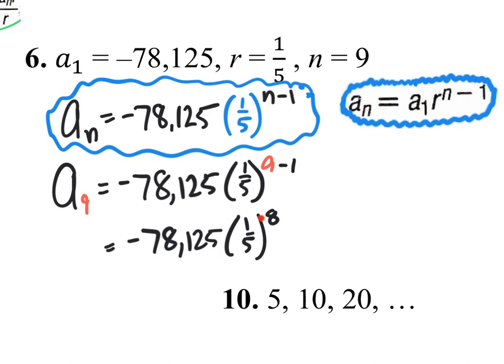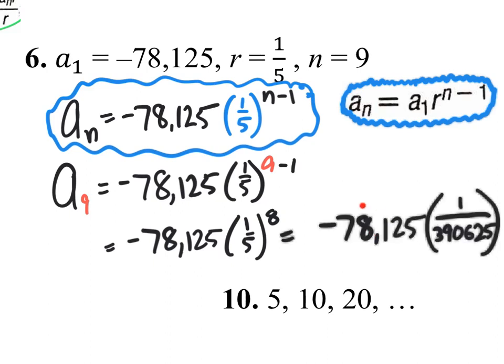When you go 1/5 to the 8th power, that's like putting the power of 8 on the 1, which stays 1, and the power of 8 on the 5. 5 to the 8th is 390,625. So what we really have here is negative 78,125 times 1 over 390,625. So the question becomes, could you reduce this number over this number? And with the calculator, the answer is yes.